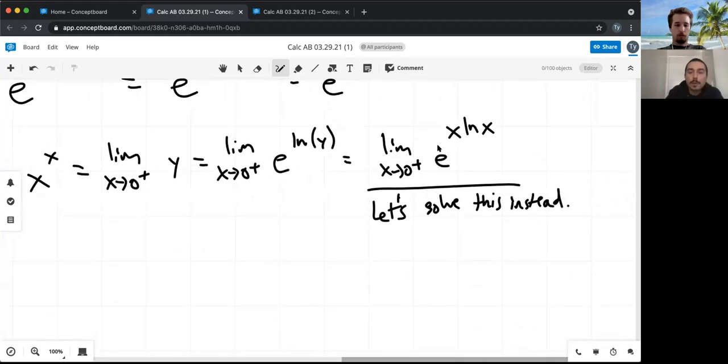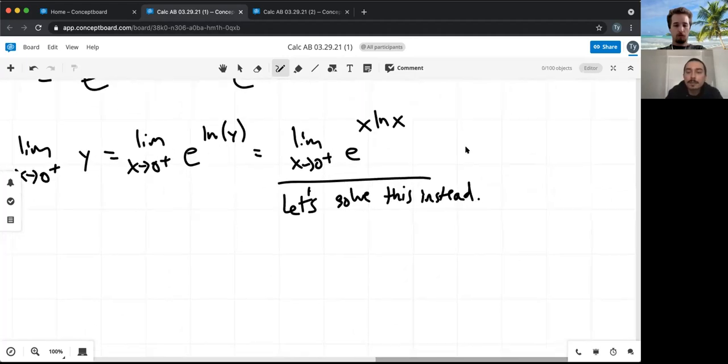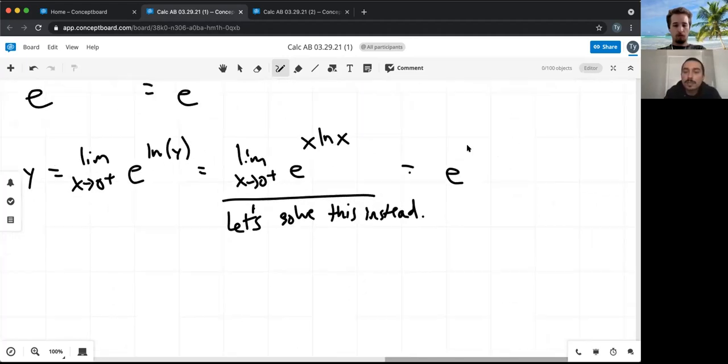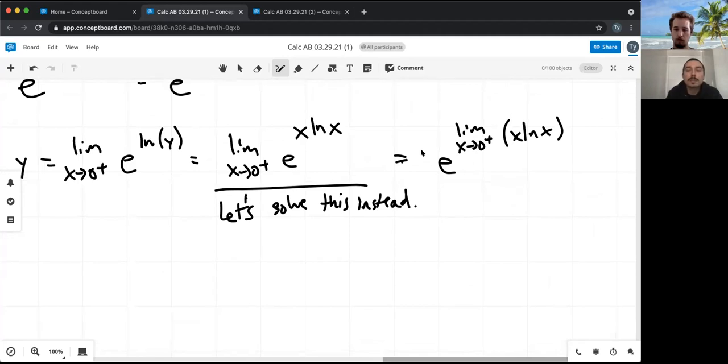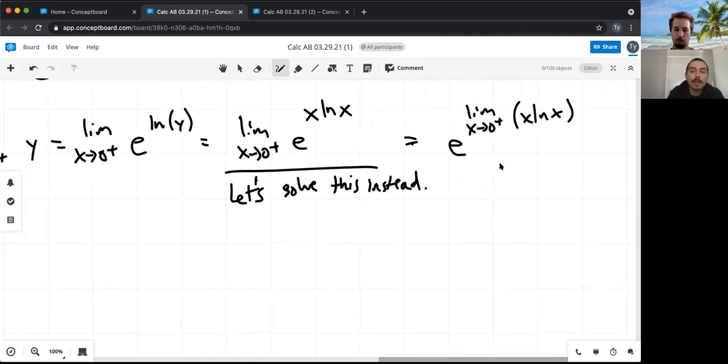Since there's no x's here, this is actually equal to e to the limit as x approaches 0 from the right of x natural log x, right? Because e is just a constant, we can do this. It might look weird written like this, but this is actually what you're doing all the time when you're solving limits. You're constantly moving this limit. So let's ignore the e for a second. We'll come back to this.